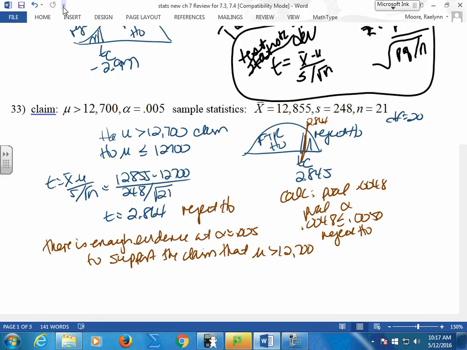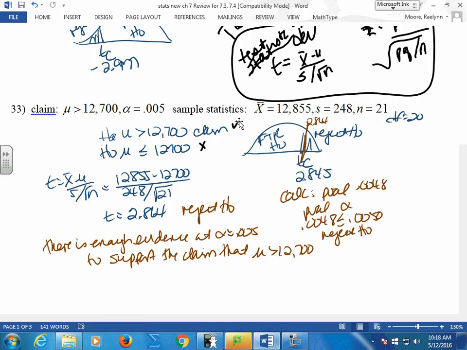There is enough evidence since we're rejecting our HO, we don't want this guy, we kind of want this. So we're going to support what they're saying. Since our claim is an HA, we're going to use the word support. There's enough evidence at the level of significance of 0.005 to support the claim that the mean is greater than 12,700.